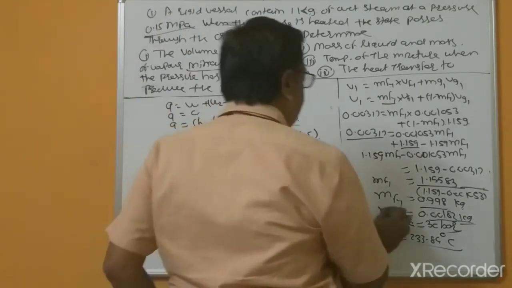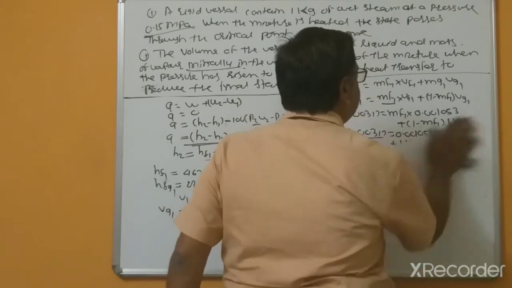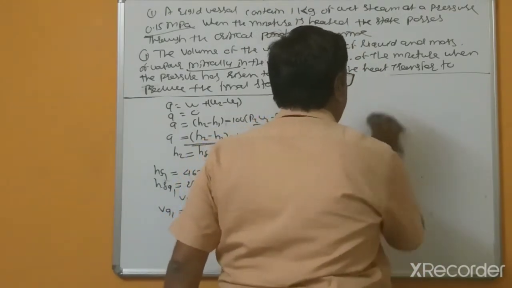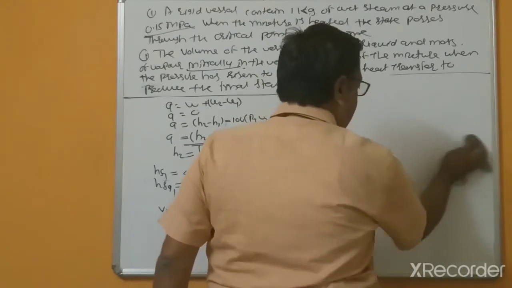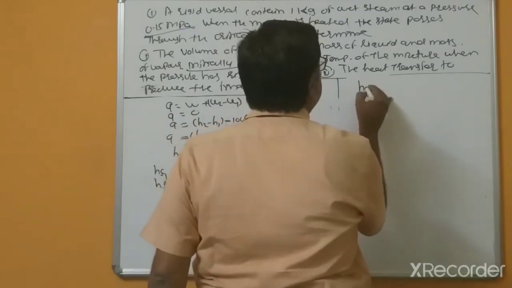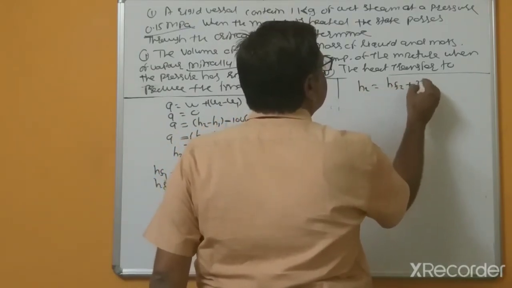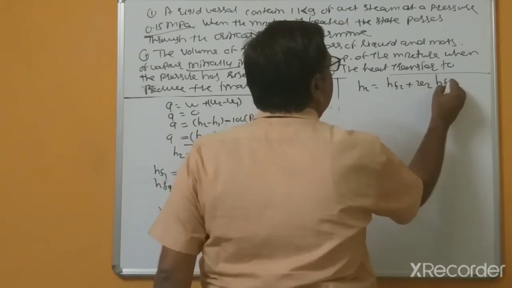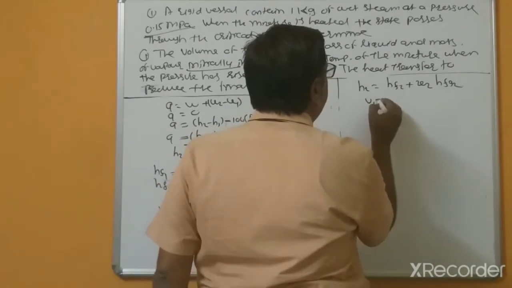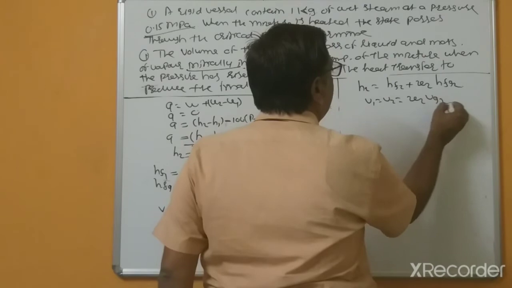Now we can put in these formulas. So what is the formula? First we'll calculate H2 and H1s, otherwise you may be confused. H2 equal to Hf2 plus x2 into Hfg2, and x2 equal to V1 equal to V2 equal to x2 into Vg2.